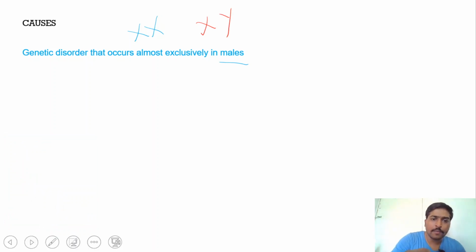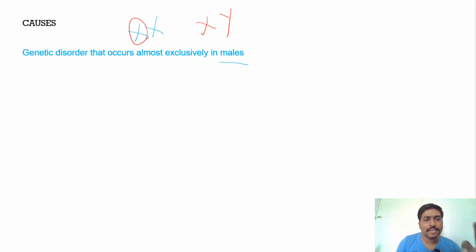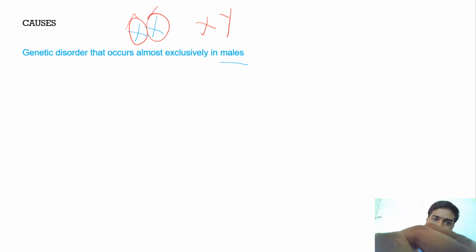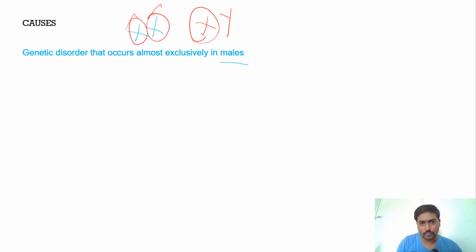G6PD is an enzyme which is produced by the X chromosome. If there is any damage to one X, the other X is used for rectifying the damage of that particular gene. But in males, if there is any damage to the X chromosome, the Y cannot do the same work.